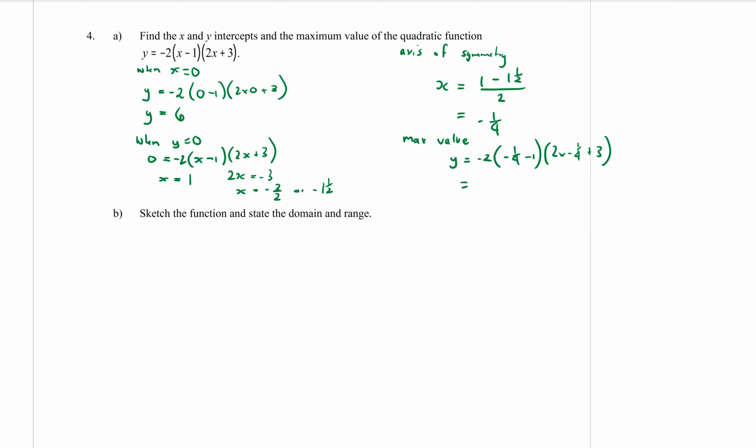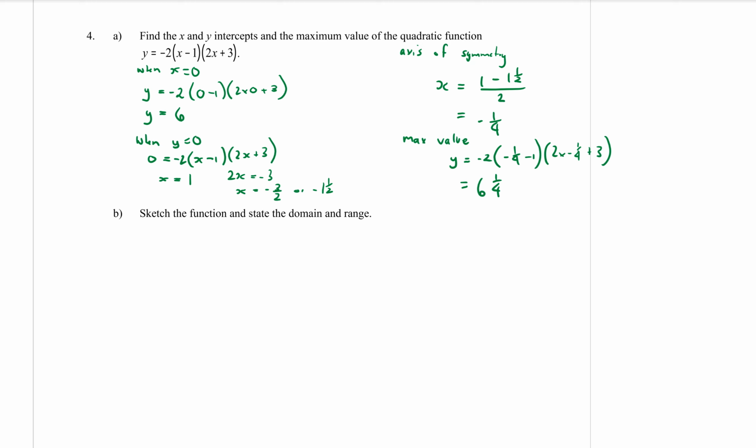And I know I've taken a long time with the explanation today, so I'm giving you the answer: 6 1/4. When I'm asking for a maximum value, you are talking about the y value. It's always talking about the y value. The maximum value is 6 1/4. That's the highest point that that parabola is going to get to. The rest of it's going to be concave down, coming away from that.